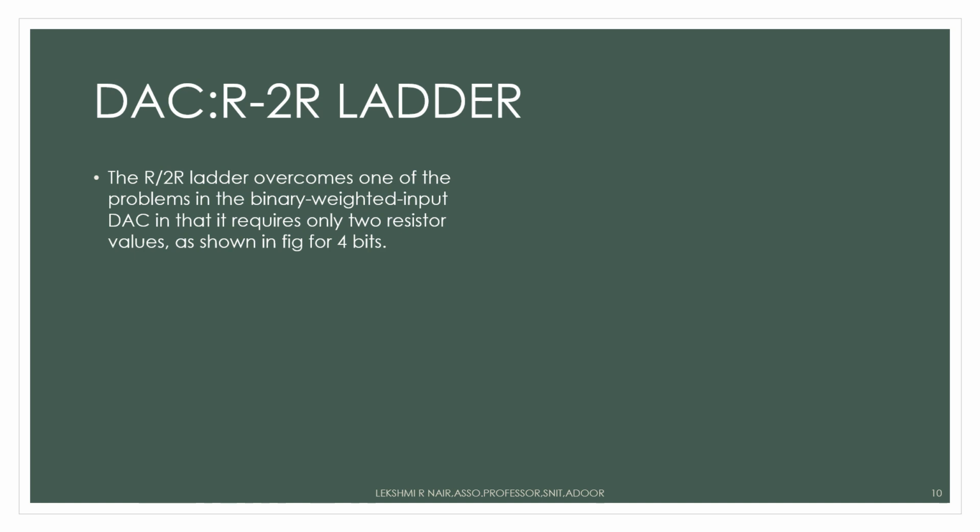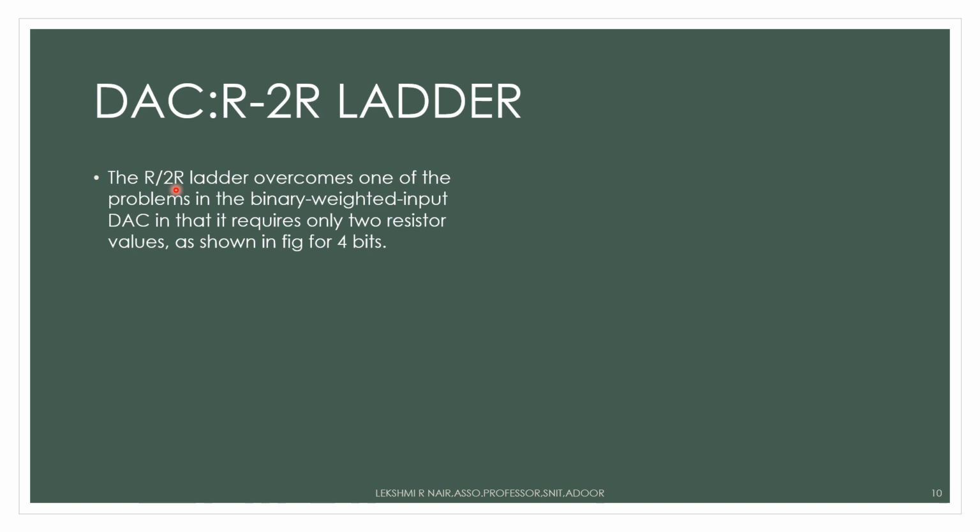What may be the main difference between weighted resistor and R2R ladder type digital to analog converter? In case of R2R ladder type, we are using two resistors only. What are they? R or 2R.